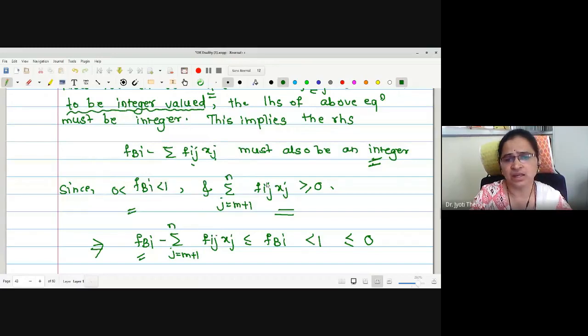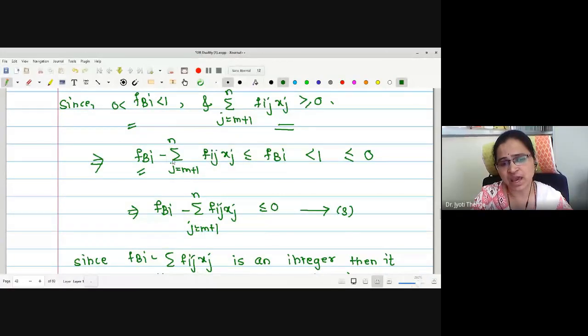Therefore, if we subtract this summation from fbi, the only possibility is that fbi minus this sum, which is a non-negative term, will give a value less than or equal to fbi. But we know fbi is strictly less than 1, and we want an integer value strictly less than 1. Therefore, the only possibility is less than or equal to 0. Therefore, that integer must be either 0 or a negative integer. Correct, no?